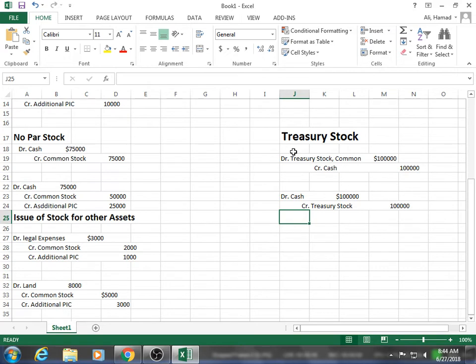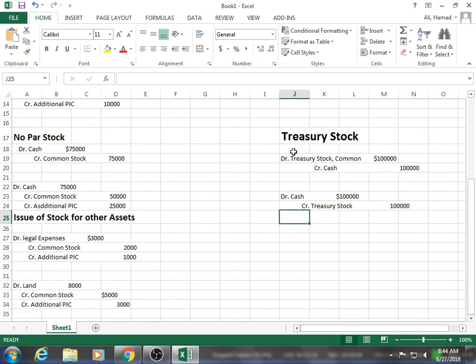Now let's assume the corporation sells the treasury shares for over $50. On the next transaction on page 507, it says on November 15, Kodak sold 60. Wait a minute. They originally purchased 2,000, correct?